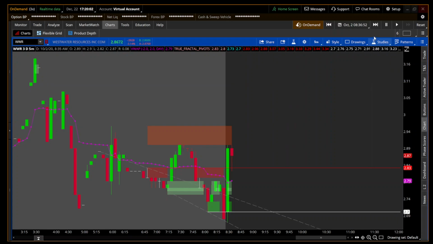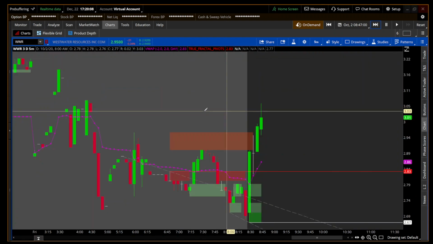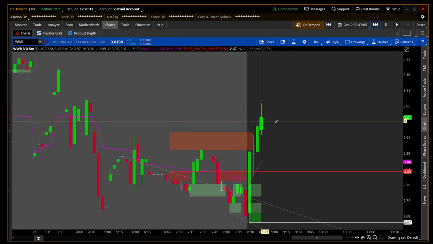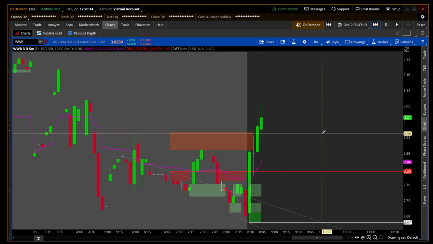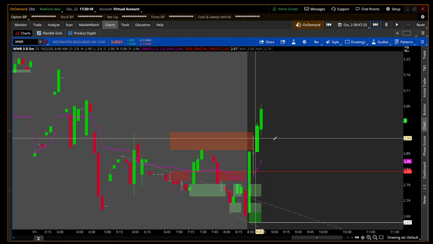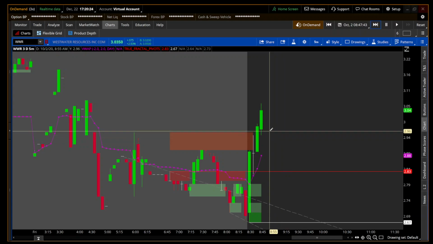So I'm going to fast forward because Thinkorswim on demand is probably going to be too slow, and it ran up just as I pressed the button. And now we're expecting this area to hold. You see how the box went away because the candle broke it, and now it should work as an area of support.